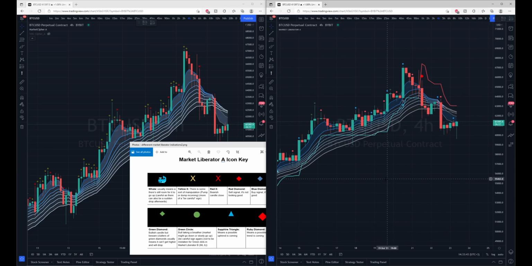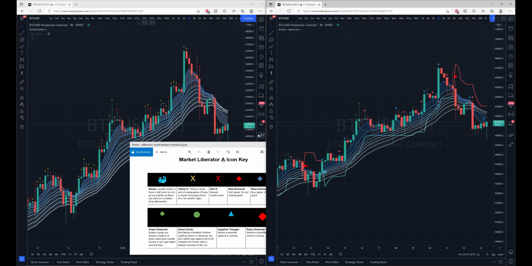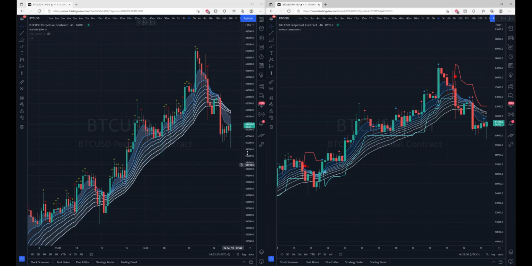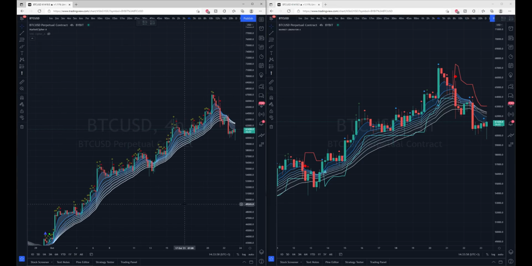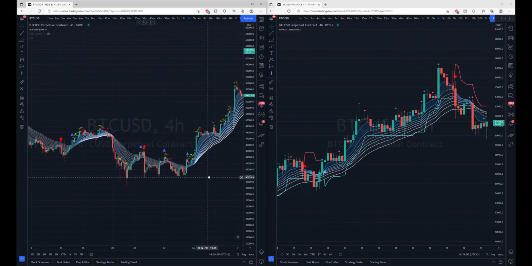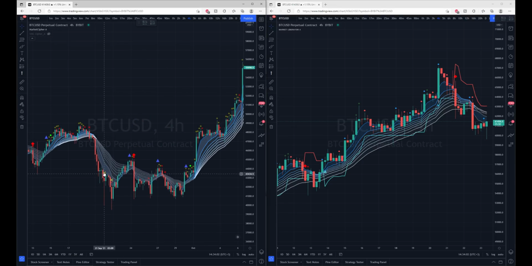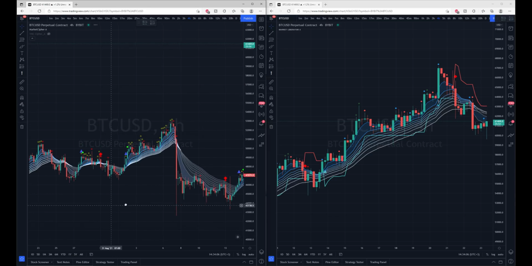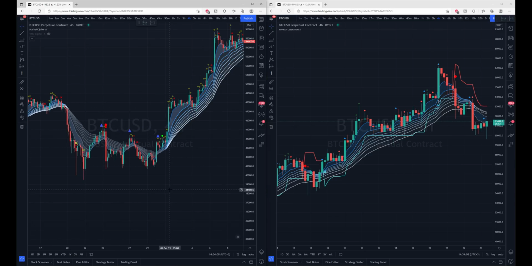It seems as though the most useful things are these ruby diamonds in a downtrend, and then a sapphire triangle in an uptrend. But yeah, so that's it for the Market Liberator A. And you get pretty much a similar thing. You get these manipulation signals, you get the ruby diamonds, the red X's, and it's basically the same thing on both of them.